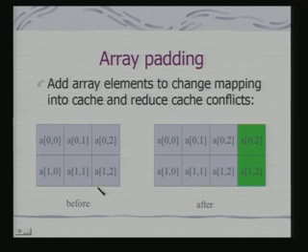This we shall look at with an example of a two-dimensional array A00. Now, this has got 3 elements per row. Therefore, I have got A00, A01, A02 and A10. If the cache mapping is in this way, these 4 elements get mapped onto one cache line.